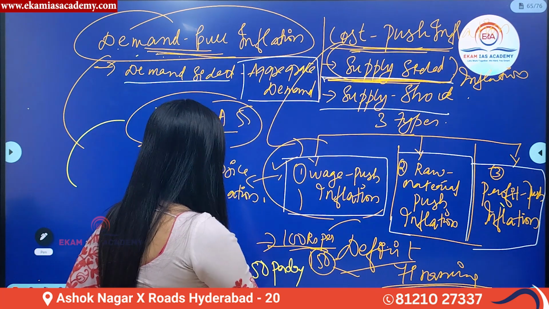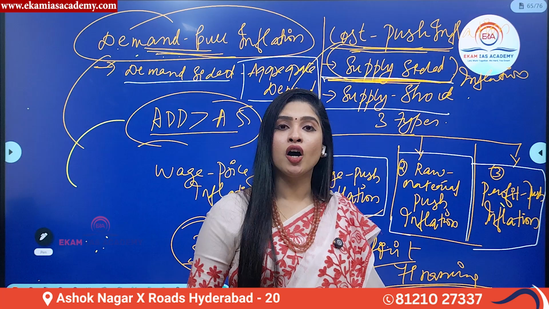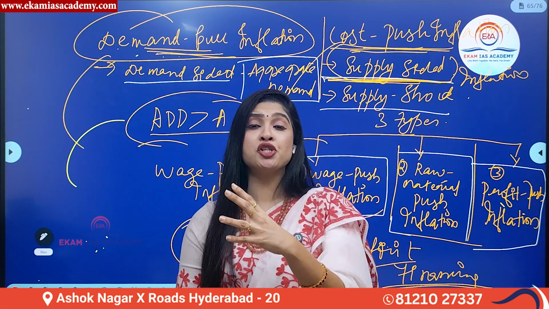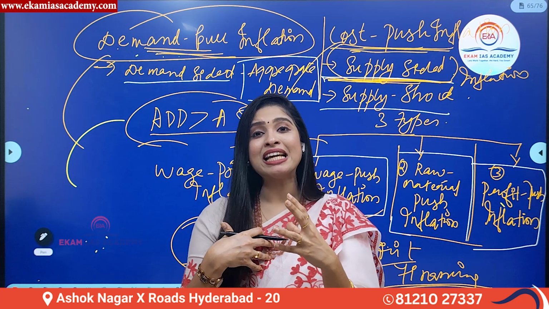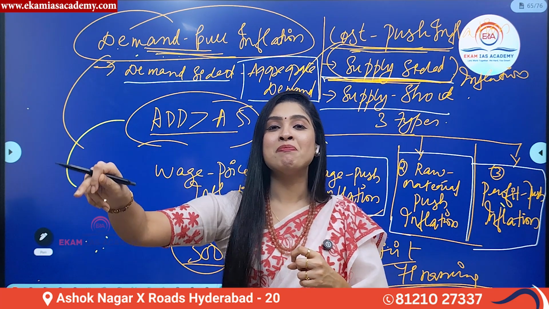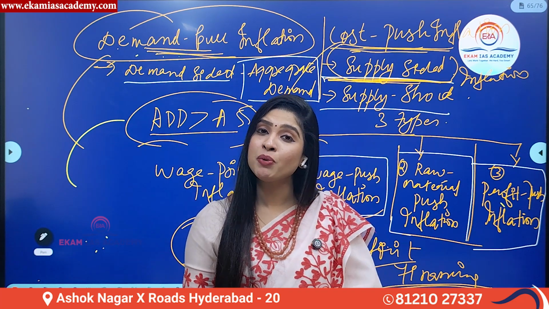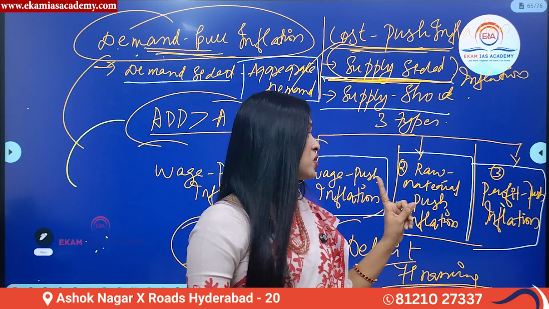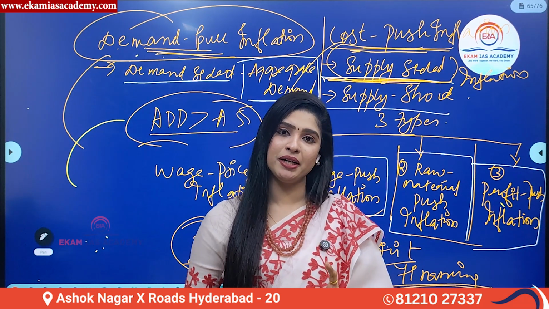When I am increasing the wages of my employees, automatically as a producer I will try to push the burden of my increased cost into the final price of the product. Automatically, what happens? Prices shoot up. That is called wage push inflation in simple terms.